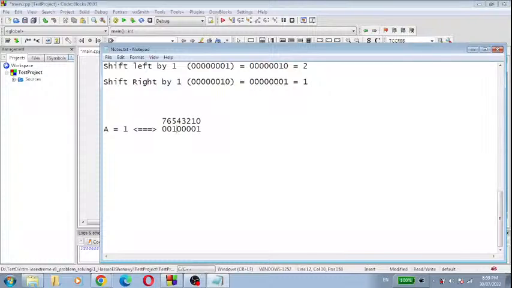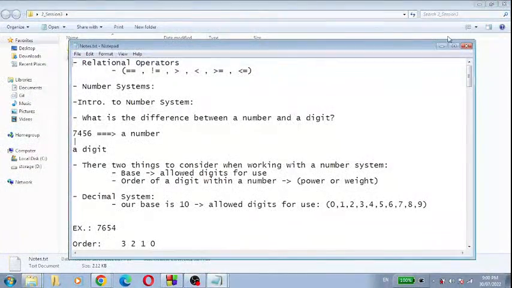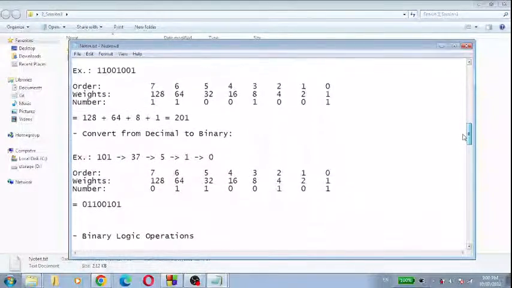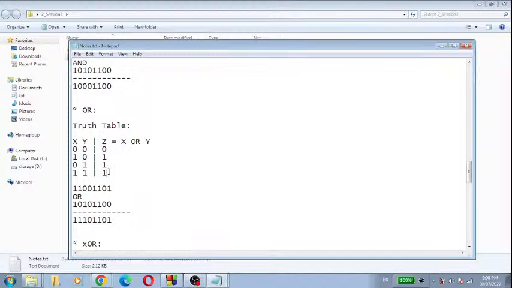But when you have only one bit that has 1 as its value, the result is going to be 1. Let's get back to the truth table of this OR operation. I'm going to copy this from here. Yes, this is a truth table for the OR operation.